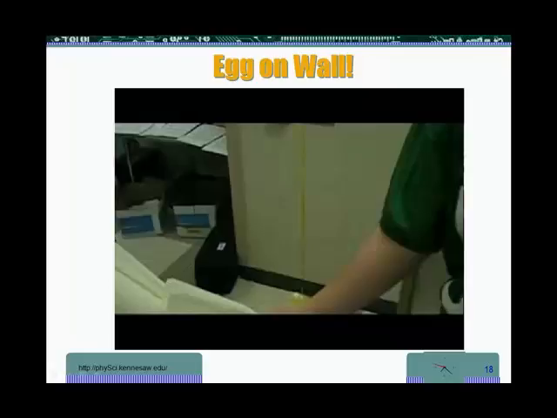However, if we have a wall like here, the wall is not going to be able to give, so it's going to immediately stop the egg. By immediately stopping the egg, it's going to exert a large force. The word immediate means a very short time. Short time, large force, large enough force to break the egg.